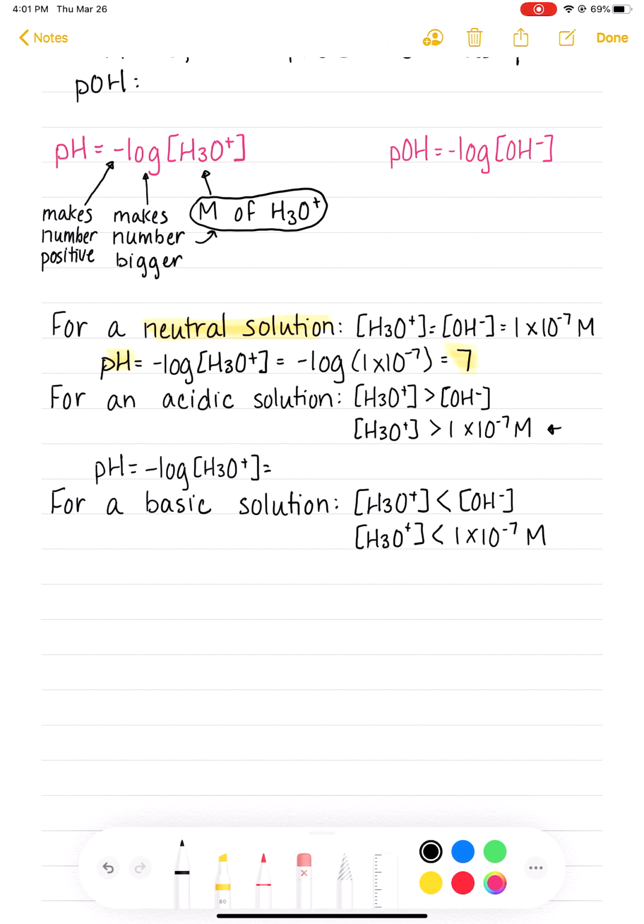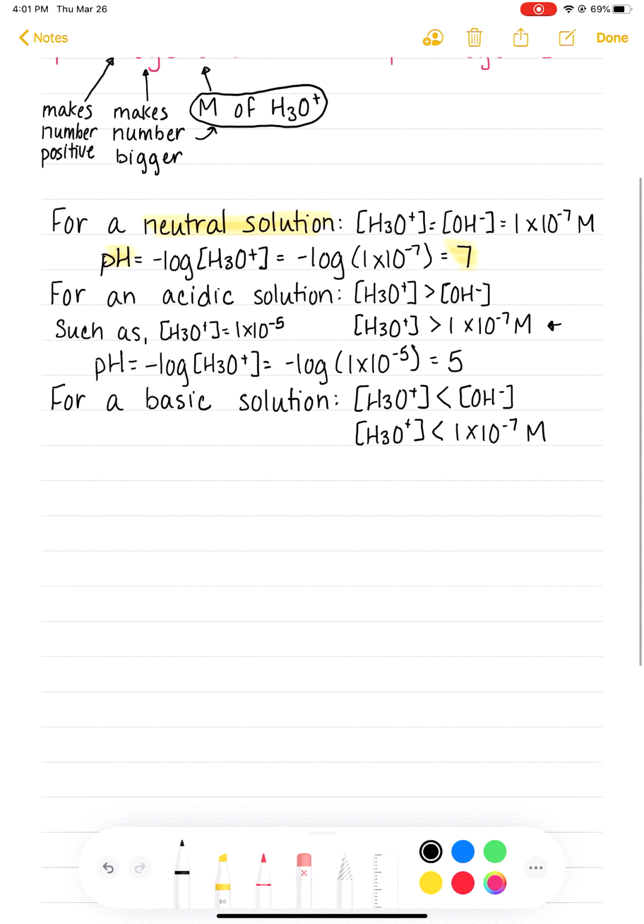Let's just say, such as H3O plus equals 1 times 10 to the minus 5, because that works. That meets the criteria. It's greater than 1 times 10 to the minus 7. So let's use that for this calculation. pH equals the negative log of H3O plus, the negative log of 1 times 10 to the minus 5. Put that in your calculator, you're going to get 5.